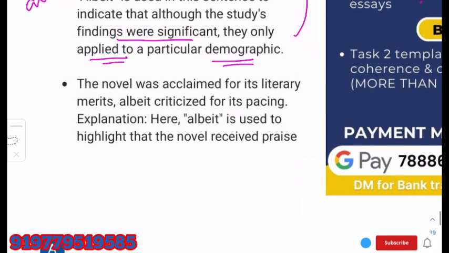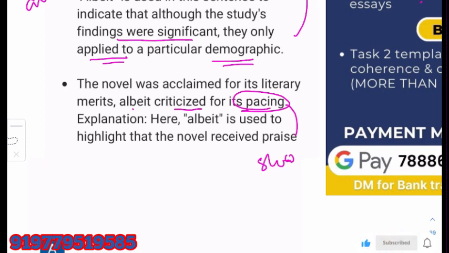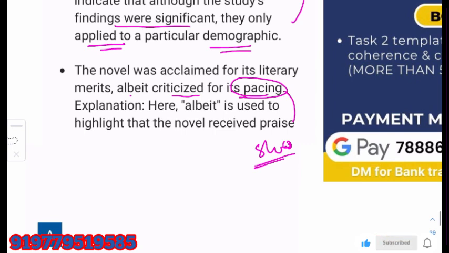The novel was acclaimed for its literary merits albeit criticized for its pacing, means it is slow, the story moves very slowly. So here also it does not mean they did not praise it. It was praised, it had its merit, but it was a bit slow, because of its pacing.